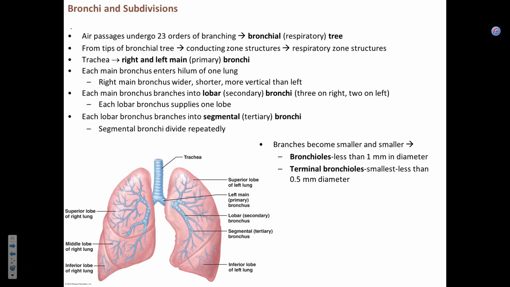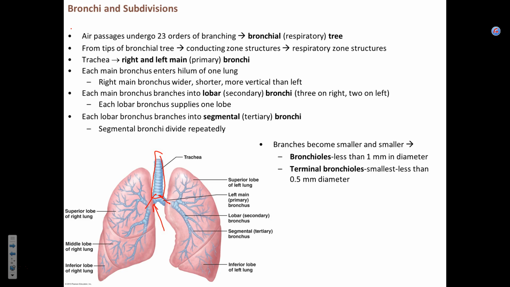So far, we go through the conducting zone. It's all conducting zone. And then when the trachea splits, it splits into primary bronchi. Primary bronchi supply air to the lungs. So the right primary bronchus will supply air to the right lung, left primary to the left lung.